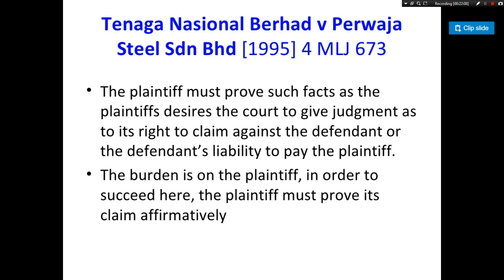Tenaga Nasional Berhad v Perwaja Steel Sdn Bhd, 1995, 4 MLJ 673.